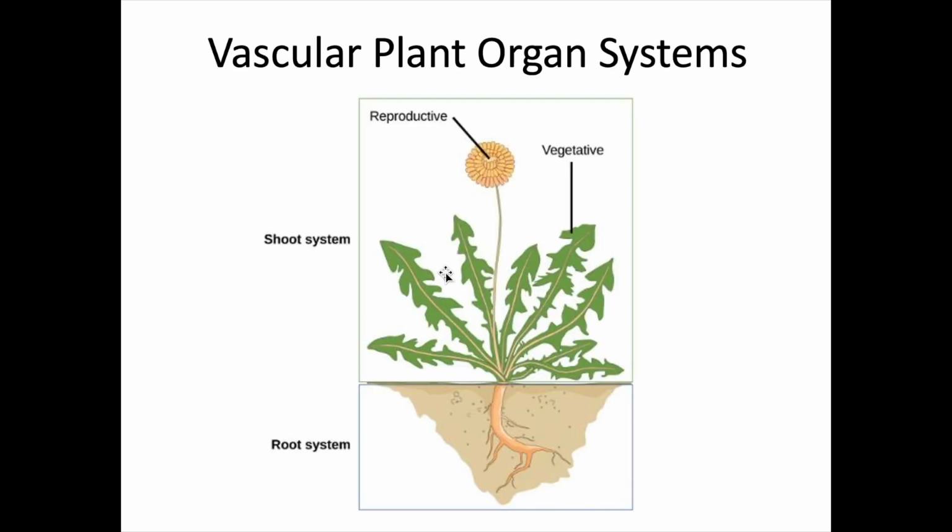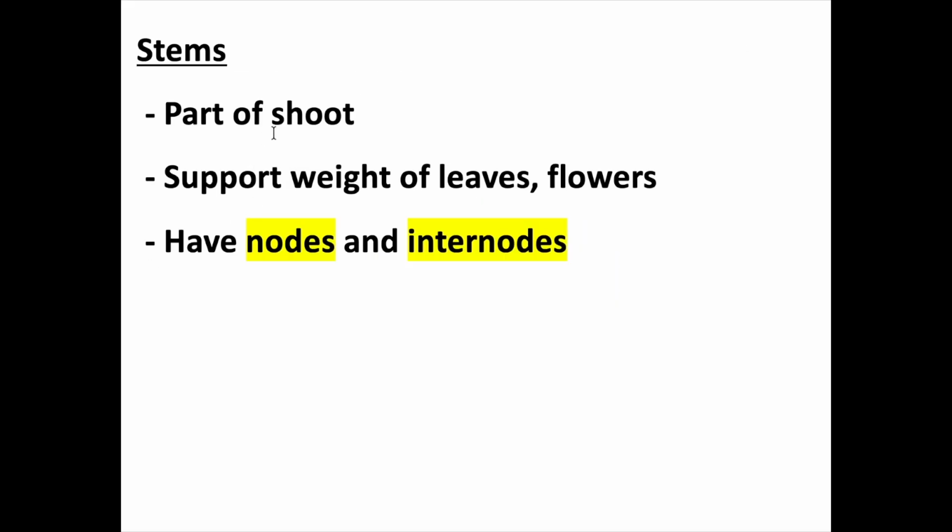So obviously, the stem is part of the shoot portion of the plant, and its job is pretty straightforward. The stems support the leaves, support the weight of leaves and flowers, if you got them, these reproductive structures. There are a couple of important key terms when it comes to talking about stems.